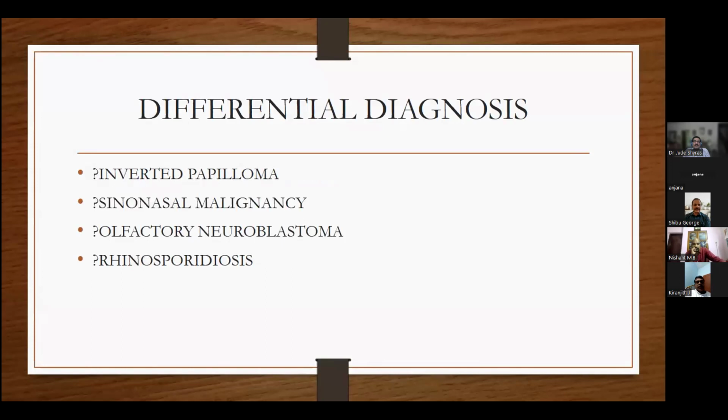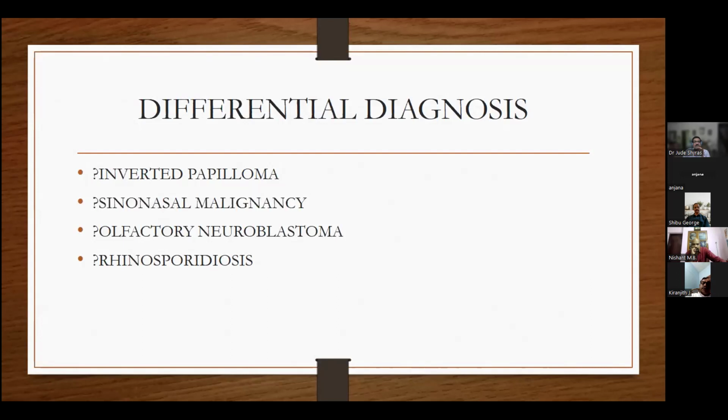You have written 4 differential diagnoses there, isn't it? Yes, sir. So tell the reasons in favor of the diagnosis and against the diagnosis. You can start with inverted papilloma. Inverted papilloma is a tumor which has got a high rate of recurrence. This patient was operated 2 times in the past for the same history. Again, the lesion was more on the left side, which has extended into the right side, so initially it developed as a unilateral lesion, and inverted papilloma is unilateral.